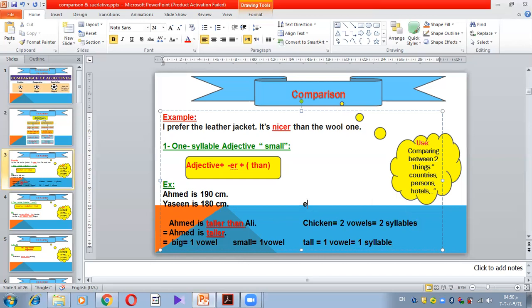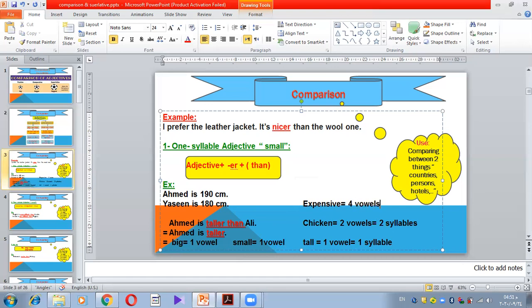Let's try one more word. Okay, the word expensive. Expensive is a large word, it is a big word, it's not a small one. If I'd like to divide it, I'm going to say expensive. How many vowels? You are going to tell me I have E, one, two, E, I, three, and then E, four. So we have four vowels.